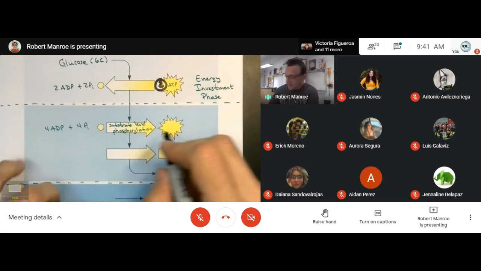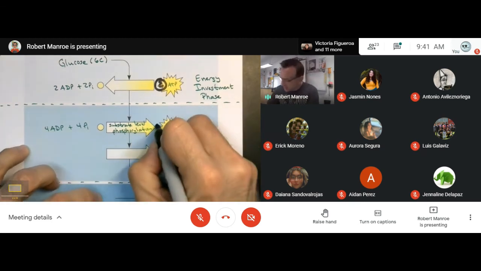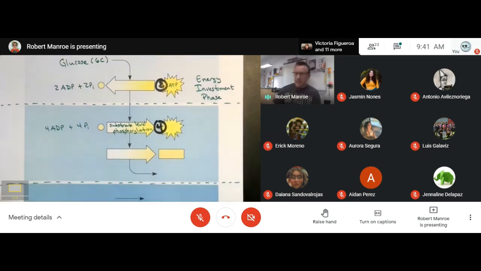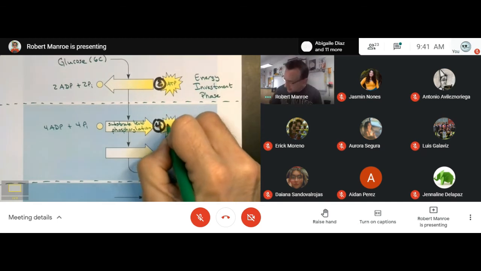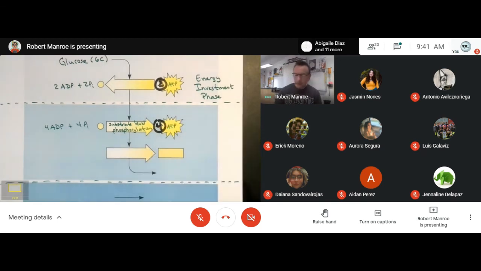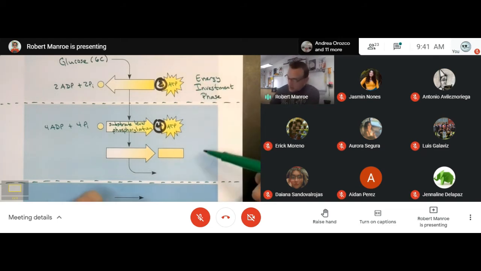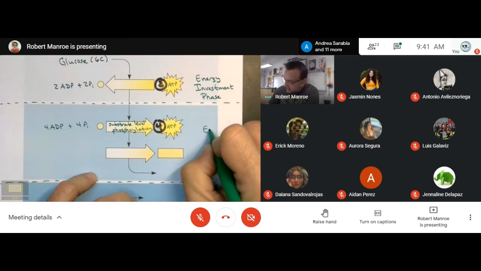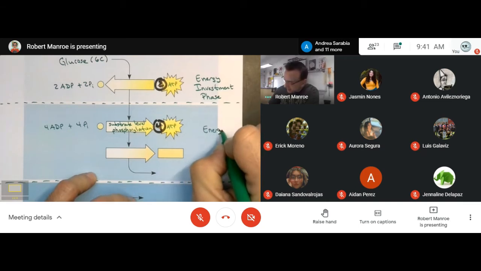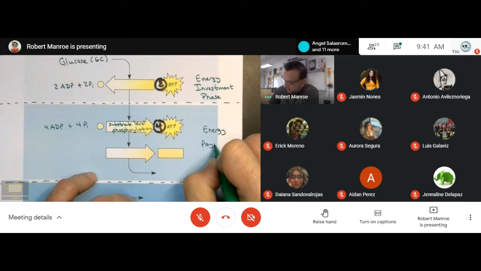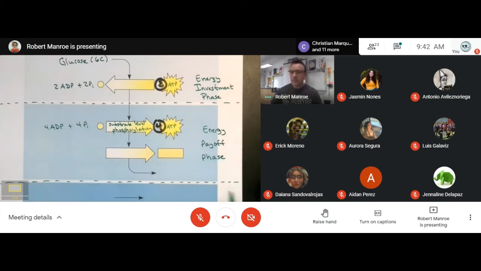And so that ultimately, by substrate level phosphorylation, produces 4 ATP. Okay. So you put 2 in, but you get 4 out. So this step is called the energy payoff phase. Investment, payoff. Cool.